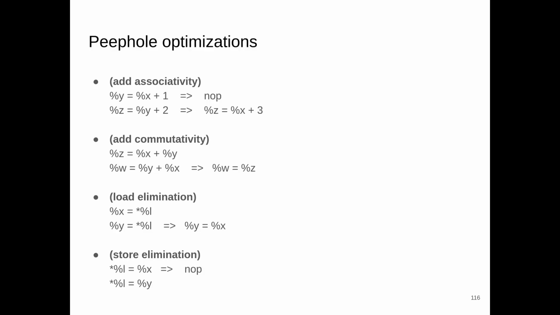Or we can just replace all the uses of w with z, because w is always equal to z. So this is again exploiting a simple arithmetic rule, which is addition's commutativity, in optimizing a small snippet of the code. Such small optimizations based on a simple arithmetic rule are called peephole optimizations.